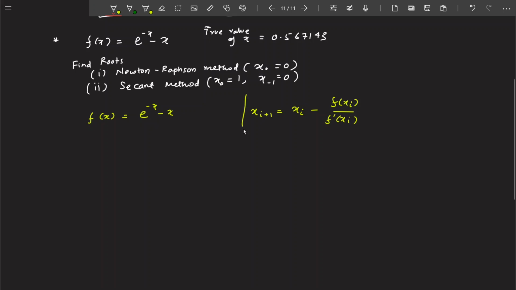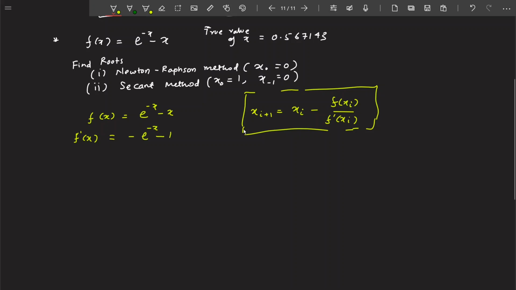When you see this formula, you'll realize that you are going to need a function and also the derivative of the function. The derivative is easy, you just differentiate this. You'll realize it comes out to -e^(-x) - 1, because the derivative of e^x is e^x, and the derivative of x is 1.